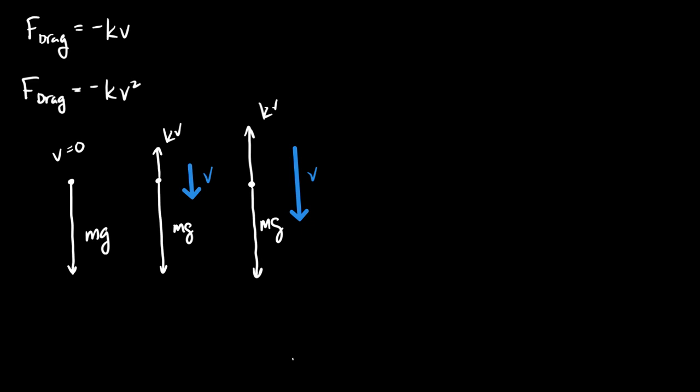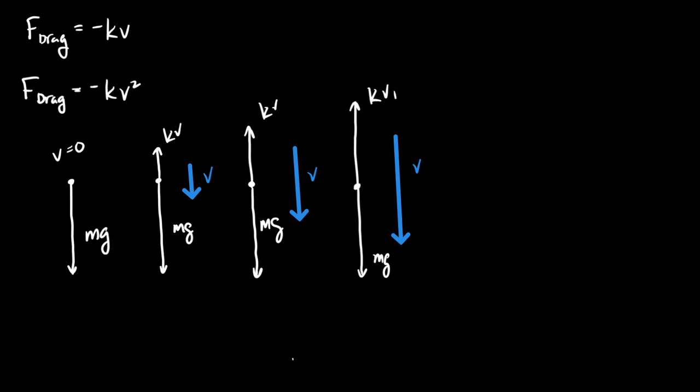Well, there will be a moment, even though the weight may not be changing, there'll be a point where the velocity will have increased enough so that the upward force and downward force are balanced.